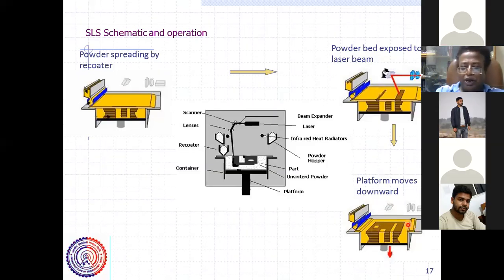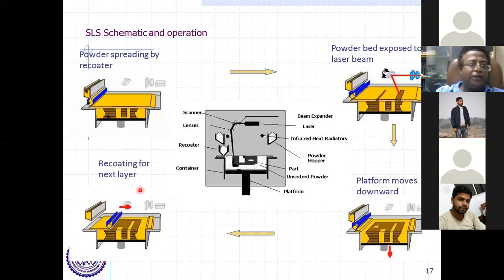Again the powder will recoat, the new layer will be coated, and again the laser will scan, and you can keep on building from bottom to the top. So this is the principle of selective laser sintering or melting.